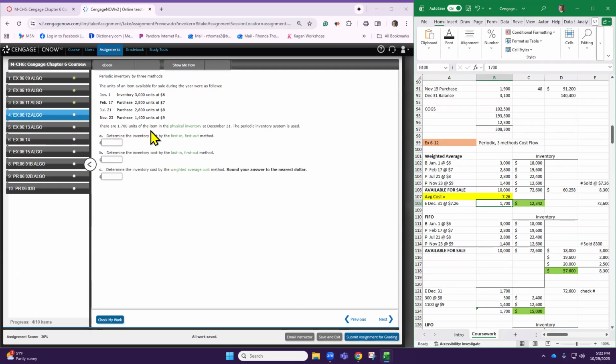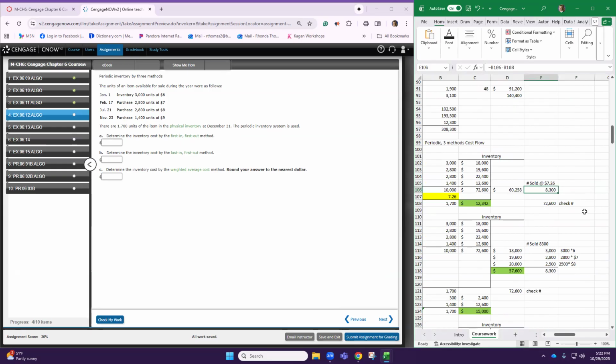Then they said we went out and counted on December 31st, and there are 1,700 items remaining. We had 10,000, now we have 1,700. Well, how many did we sell? If you take 10,000 and subtract 1,700, you'll see that we sold 8,300 units. You simply take that times $7.26.